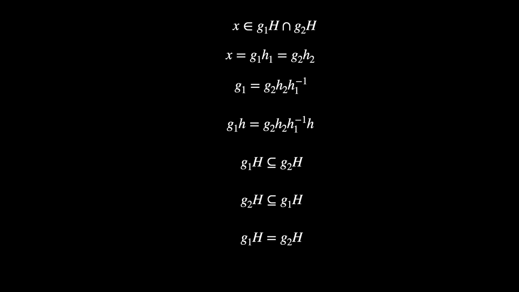And the next thing to show is that the union of all the cosets gives us G. But this isn't too hard to see by just considering how we've defined a coset. When we take the union, we already have all the elements of G by just considering G times E, which is the identity, which is included in H because it's a group.